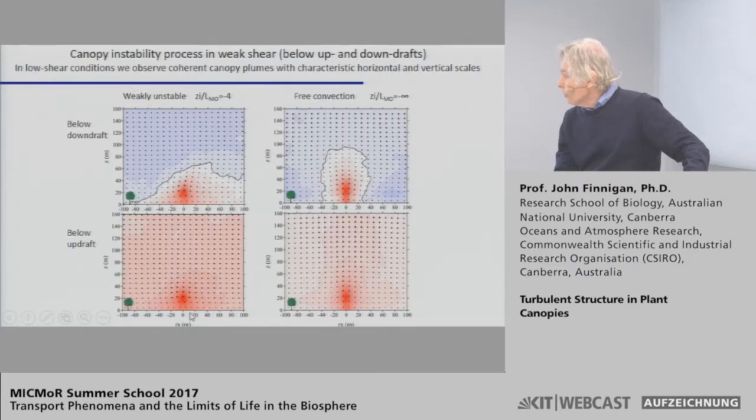If we go below an updraft, remember the air's coming down here, and at some point it's got to meet the air coming up and stop. So we have that contour at 0 velocity.